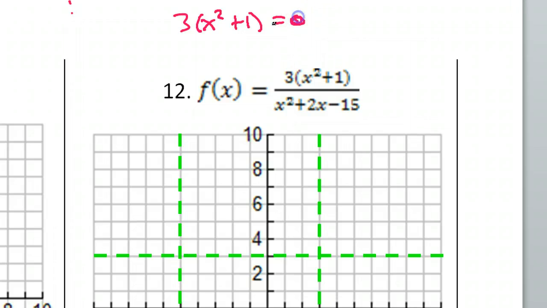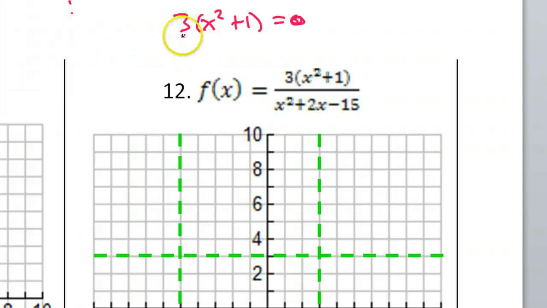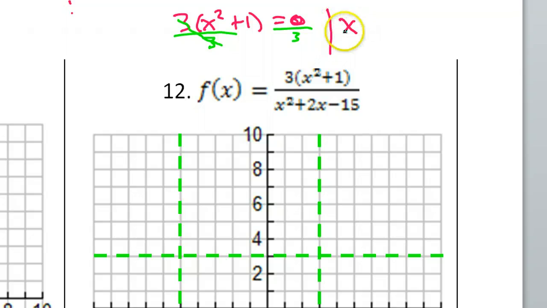The reason I decided not to distribute is that it would be nice to just divide by 3 right now. If I do that, then that gives me x squared plus 1 equals 0, since 0 divided by 3 is 0.